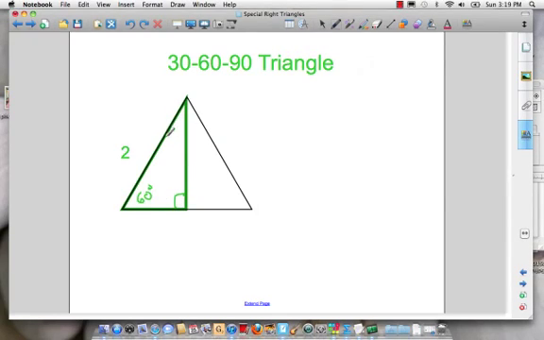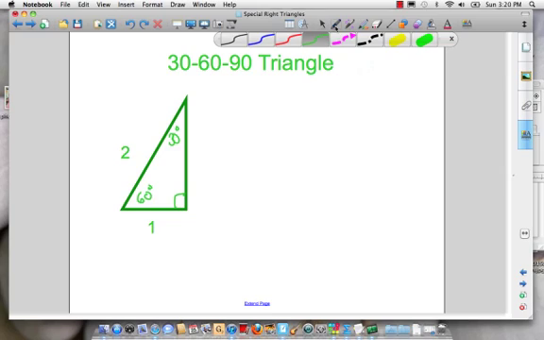And since this one is 60, that means this one up here must be 30. And like I said, since this median would cut the bottom side in half, its length must be 1. Now I'm going to go ahead and clean this up by getting rid of the equilateral triangle so we can focus on the 30-60-90 triangle.